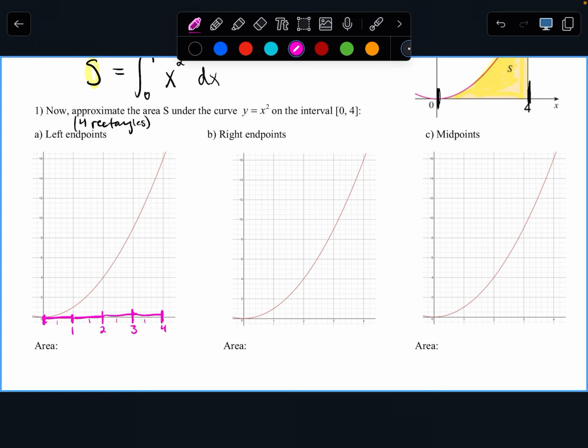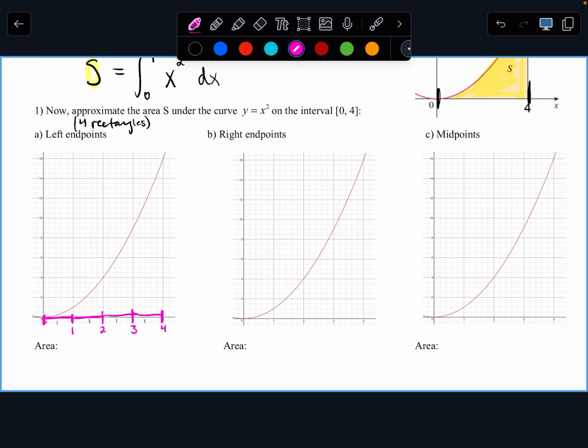Now if we're using left endpoints, the height of each rectangle is determined by the curve. You either use right endpoints, focusing on the right side of the rectangle, the left side, or the middle.